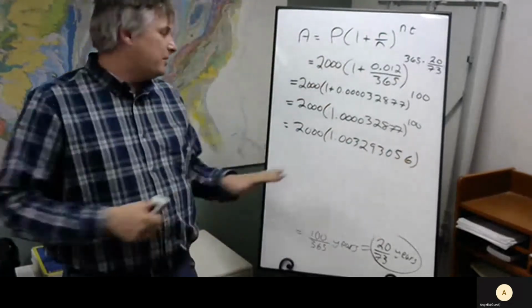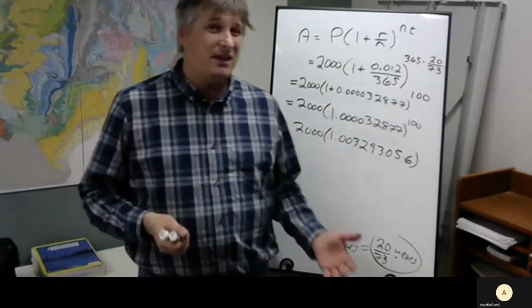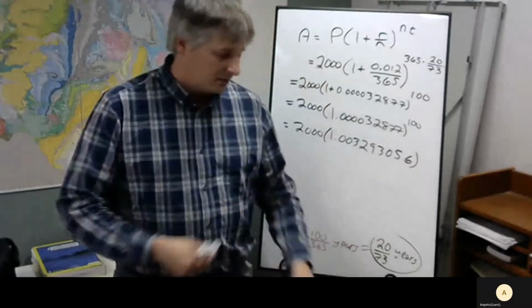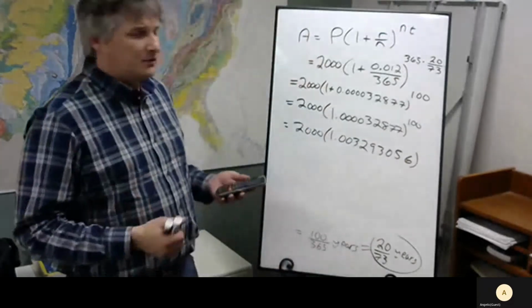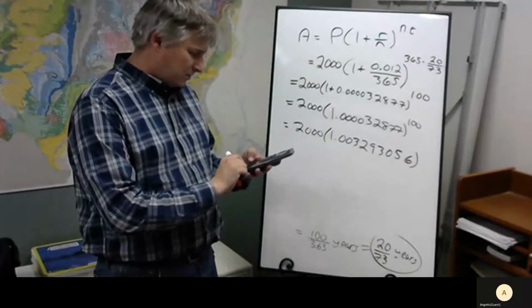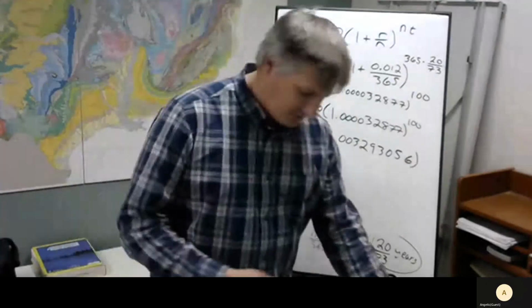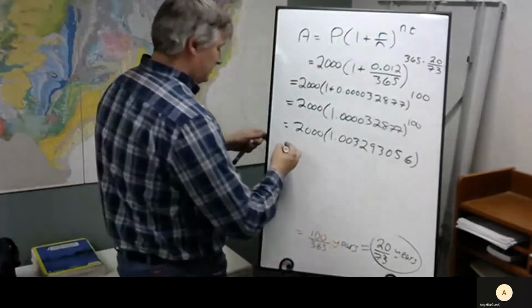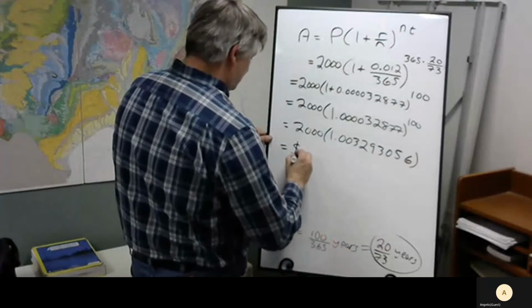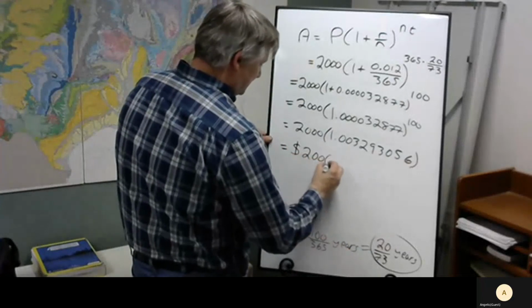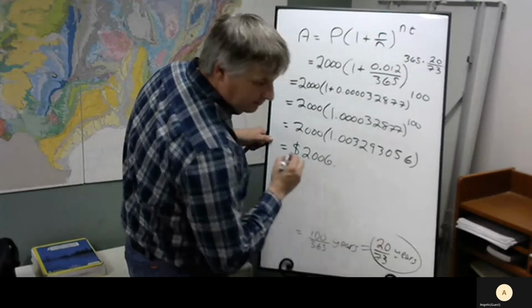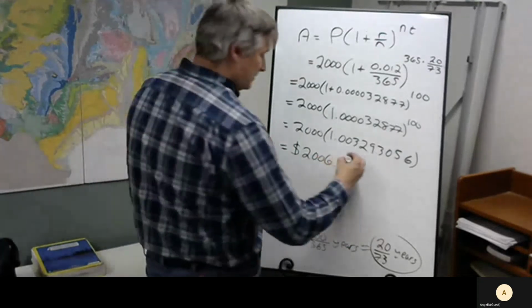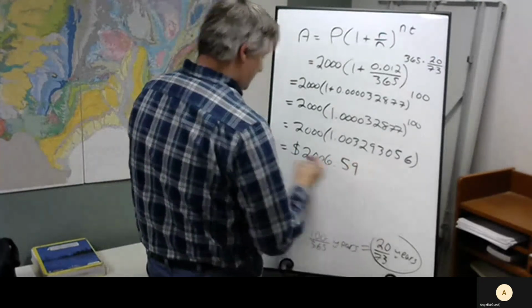And then keep in mind, we only invested this money for 100 days, not even a full year. So we shouldn't be earning too much interest. Multiply by 2,000. Sure enough, we don't. $2,006, and then rounding to the nearest hundredth, and 59 cents.